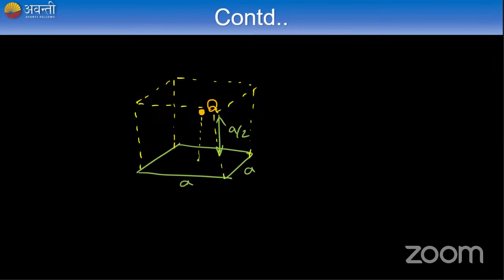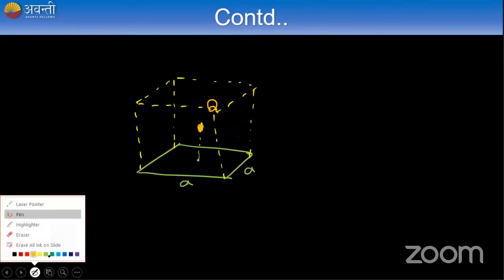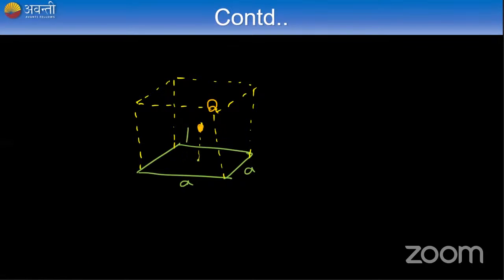So can we draw an imaginary cube with a distance A by 2? So let us consider a small cube of length A. Say the side length of one face of the cube is A.